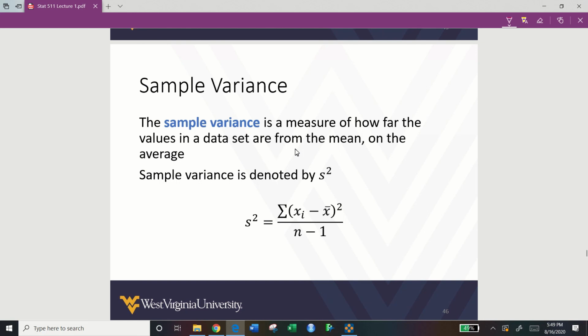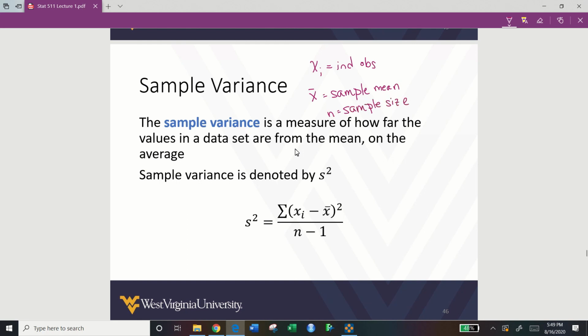Breaking this down, xi is how we denote an individual observation. Again, x bar, that's our sample mean. And n is our sample size.